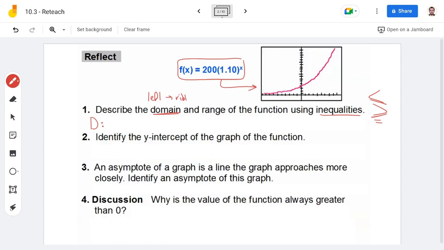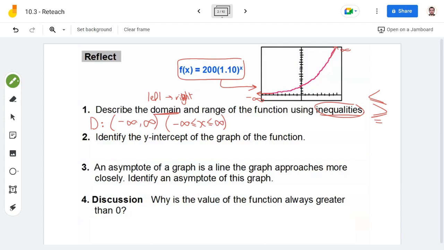As you can see here, my function goes from negative infinity forever and goes to the right forever. So my domain is from negative infinity to positive infinity. This is interval notation, but he said using inequalities. Using inequalities means I have to write negative infinity less than x less than positive infinity. So this is the inequality.